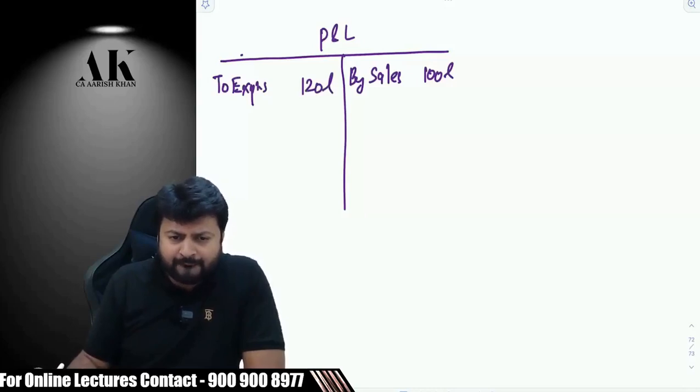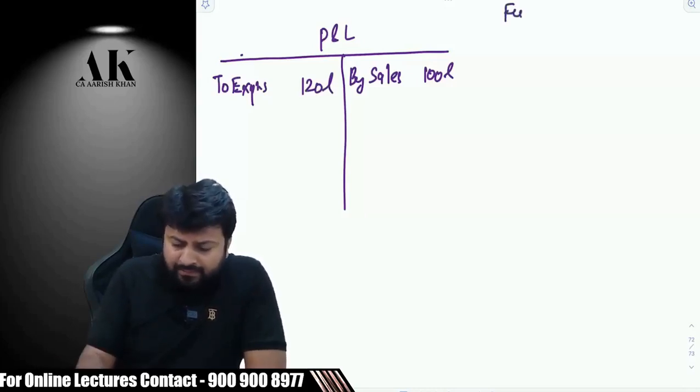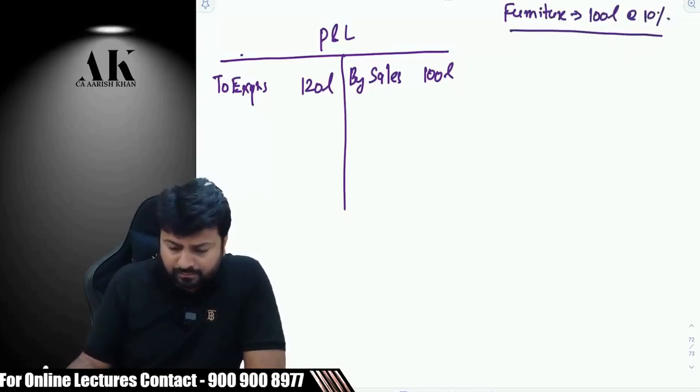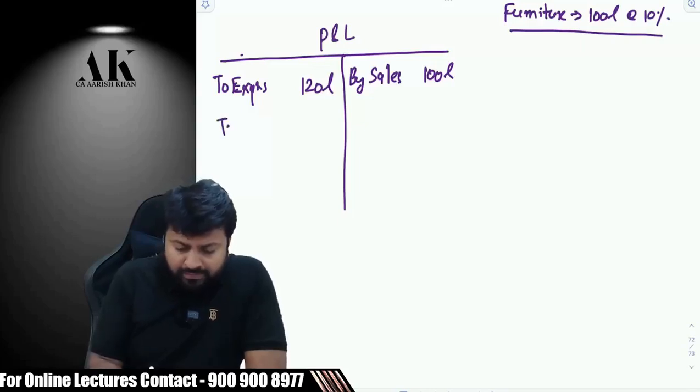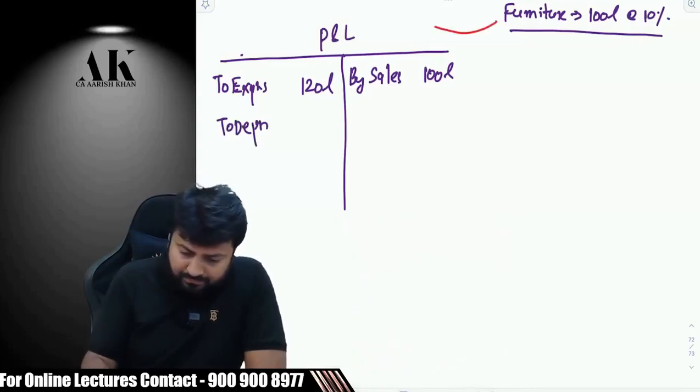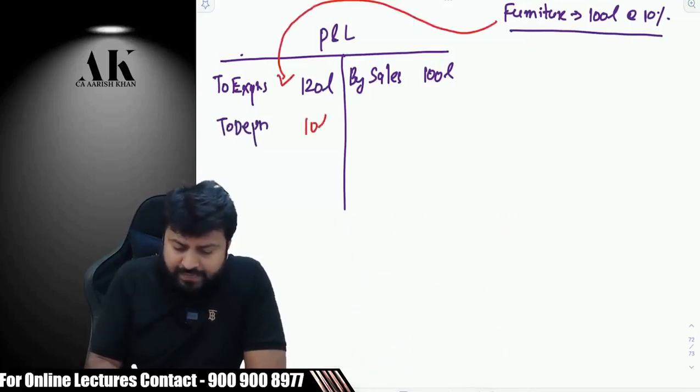Now, this assessee has bought a furniture of, say, 100 lakh. We all know that furniture is depreciated at 10% as per income tax law, right? So he will also claim depreciation under income tax law of 10 lakhs, right?